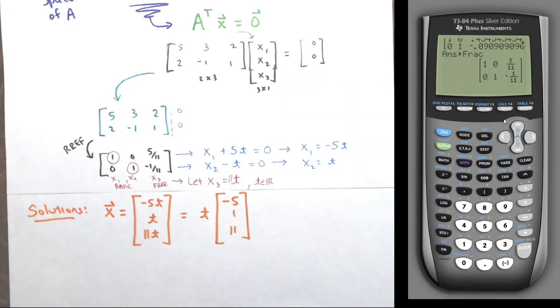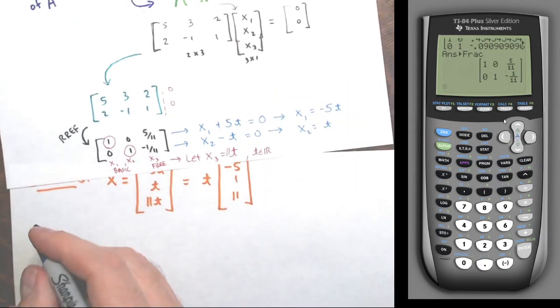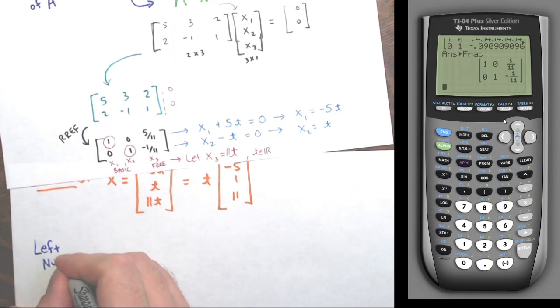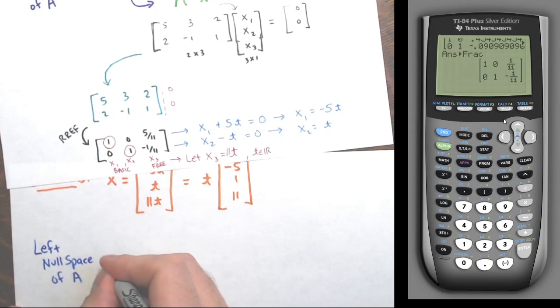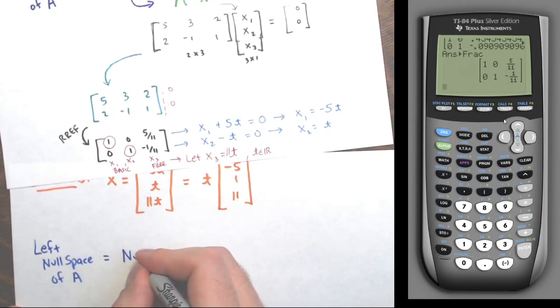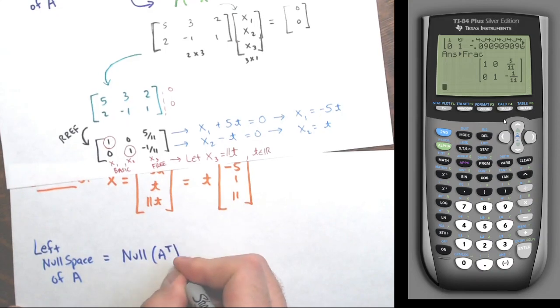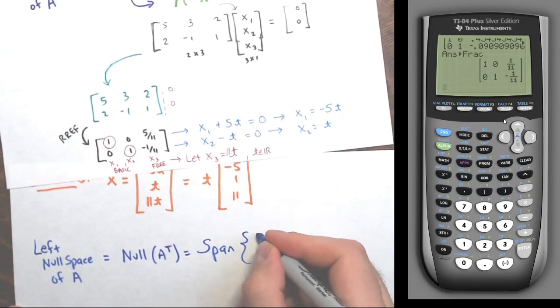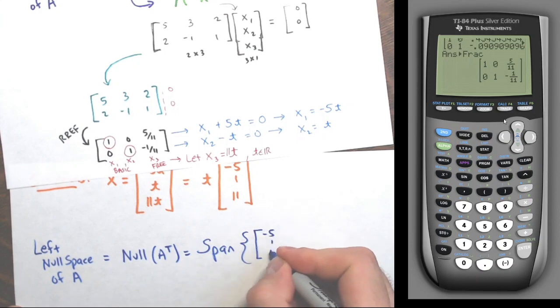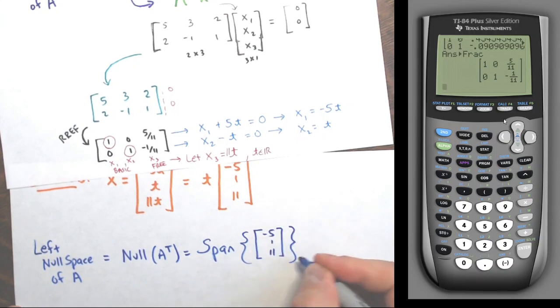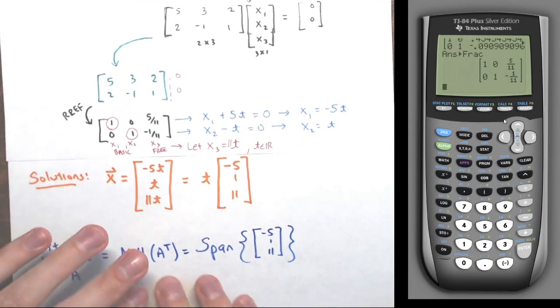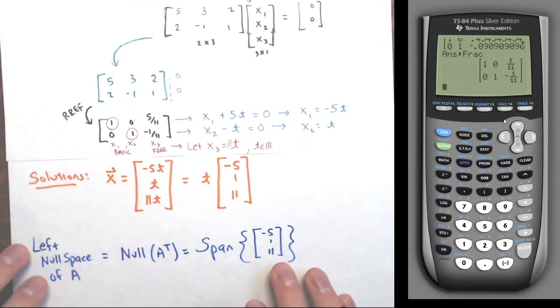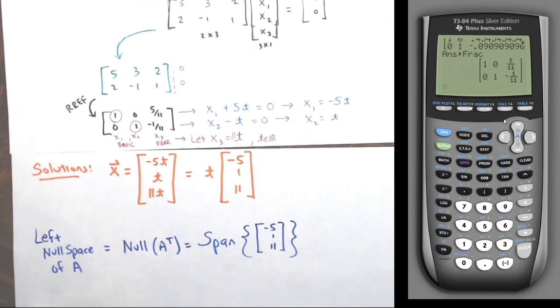All right. So the left null space of A, which is this null space of A transpose, is the span of the set with the vector negative 5, 1, 11 in it. All right, every vector in the null space can be written as a scalar multiple of this one vector.